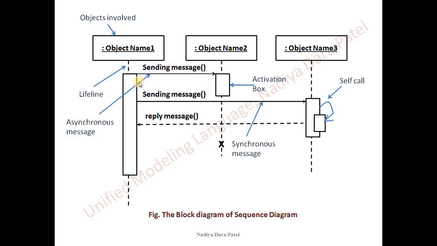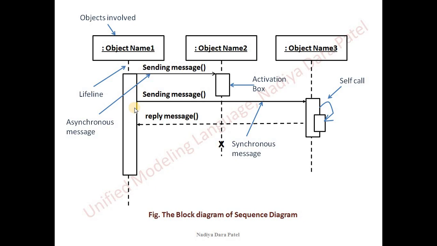messages should be started from left hand side to right hand side. Start sending your message from left hand side to right hand side, and receive your messages from right hand side to left hand side. Now, every time this is not possible, it won't always work. Maybe object 3 gives the first message, so as it is placed the farthest, it will give the first message from right hand side to left hand side.